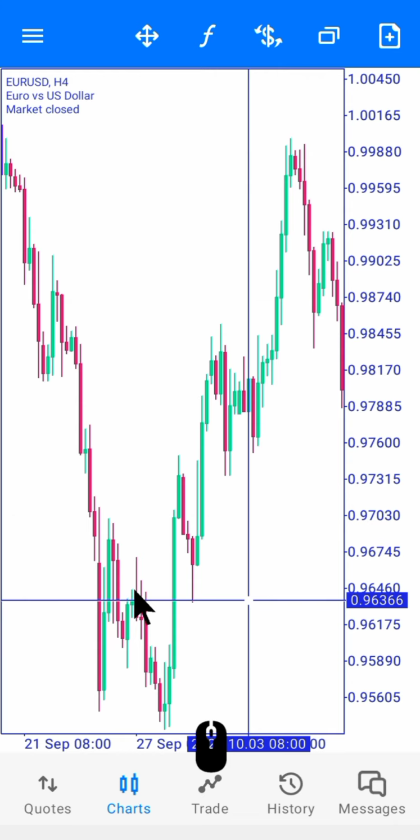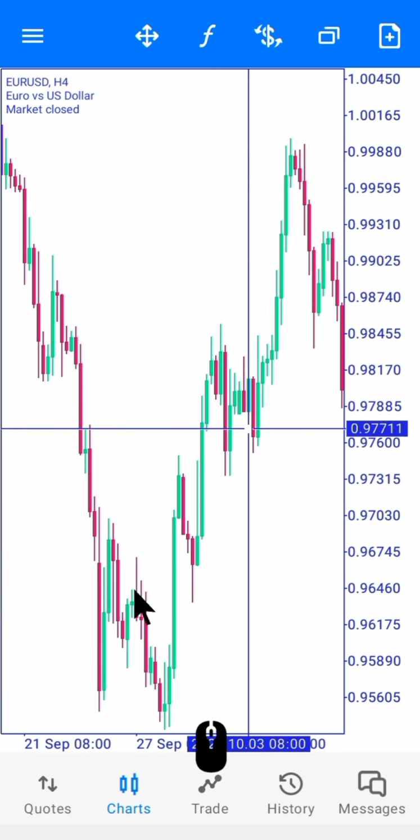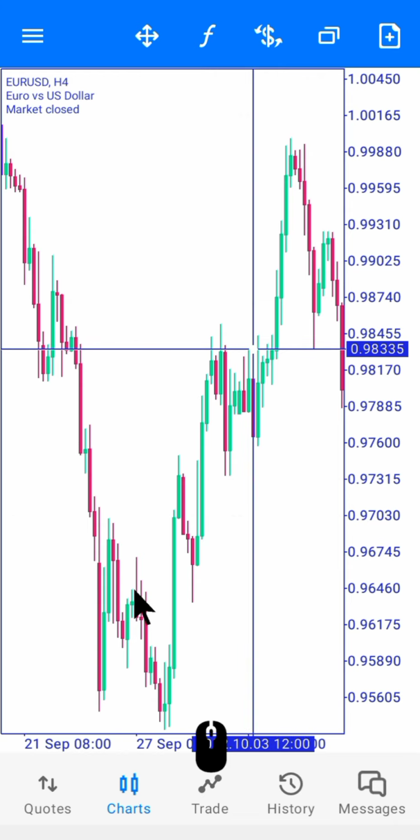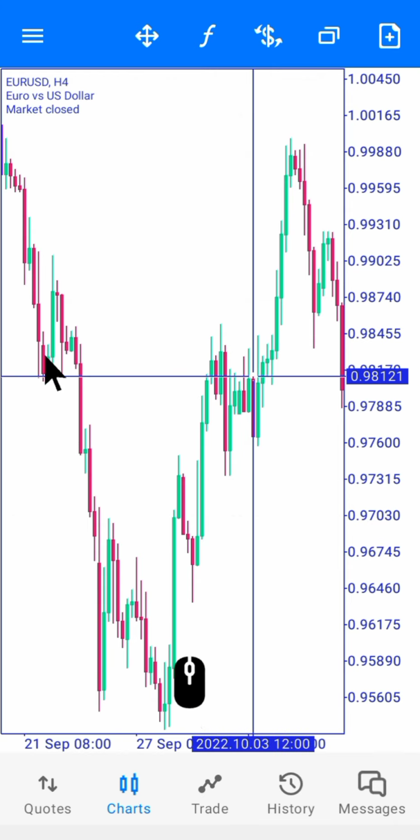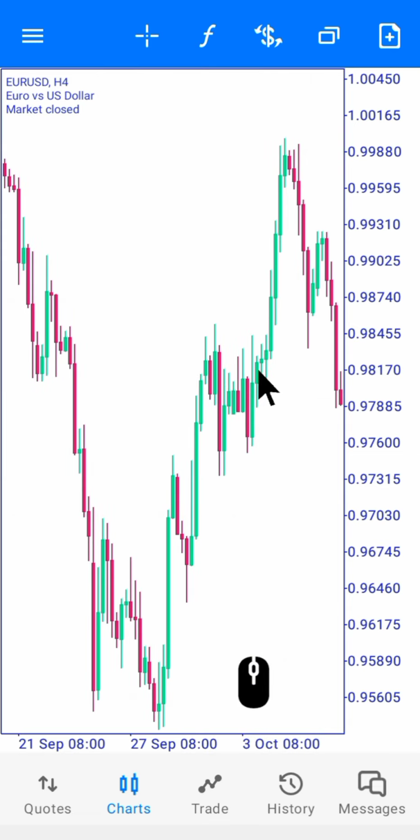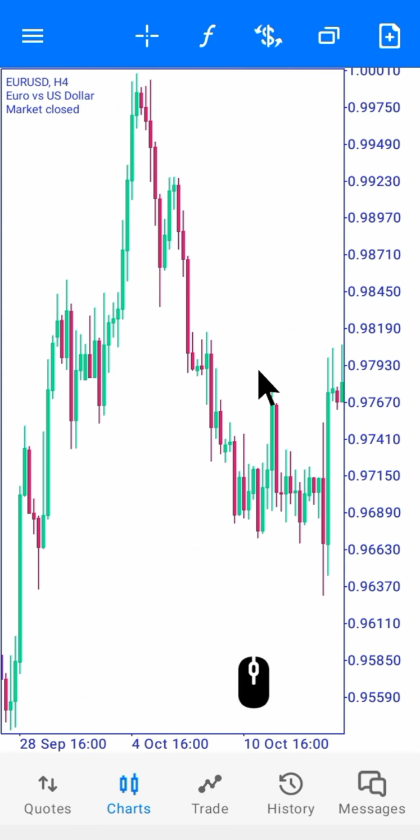But if you buy and hold, you can set your TP here, because we are targeting this point, so that when the market reaches here, it is going to create the same thing. You can see it is the same thing.